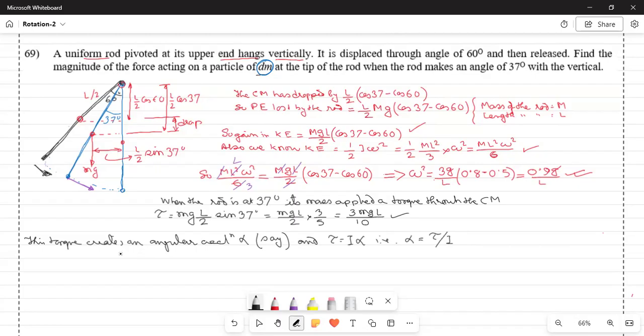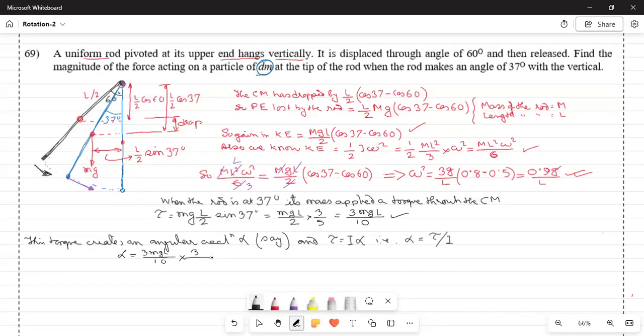So angular acceleration alpha is equal to, what is the torque? 3 mgL by 10. And moment of inertia, again we know, is 1/3 mL square.